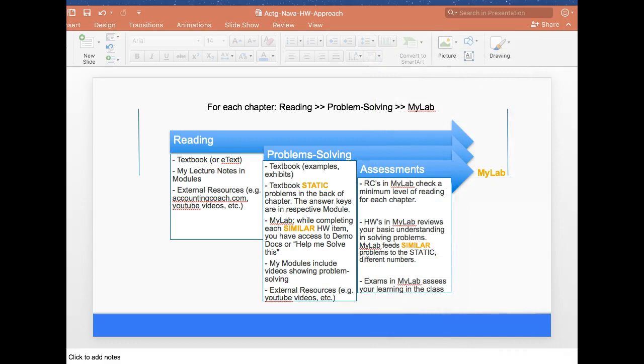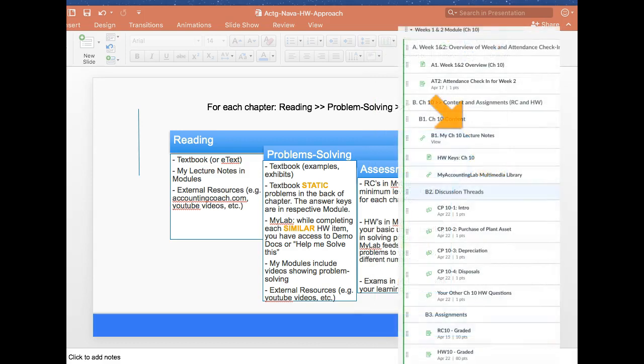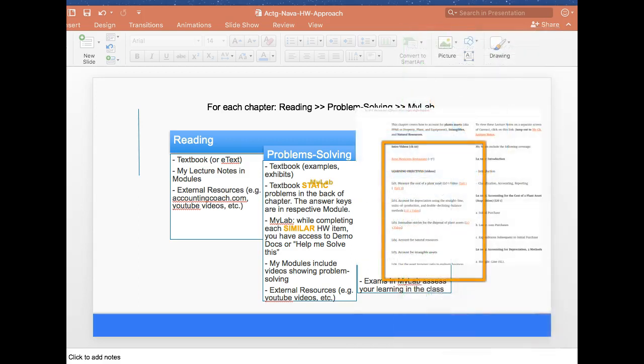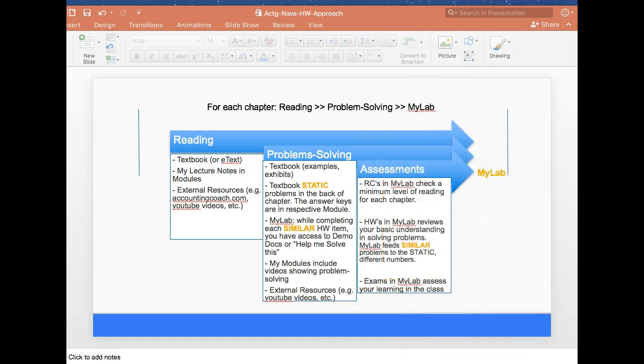Other problem-solving resources are the videos in my lecture notes that actually come from the publisher's MyLab. I just simply package them differently, embedding them in a single location for your convenience. And finally, you can also refer to external resources such as YouTube videos that relate to the problem or the type of problem you're trying to learn to solve.